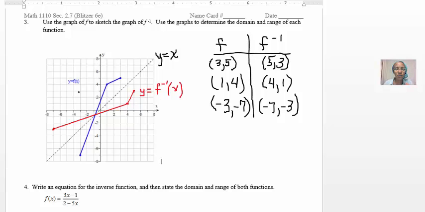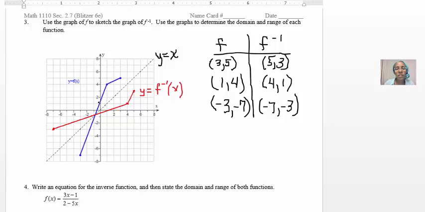So one of the interesting things is, now notice here, f is increasing steeply. We have a steep increase in f. Well, corresponding to that is a slow increase in f inverse. Here where we have a slower increase in f, we have a very quick, steep increase in f inverse.